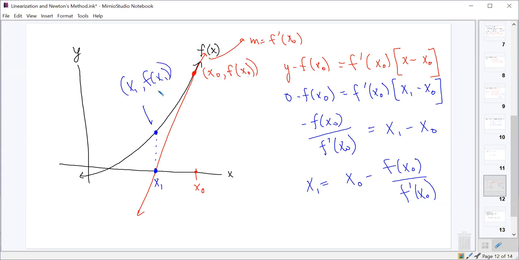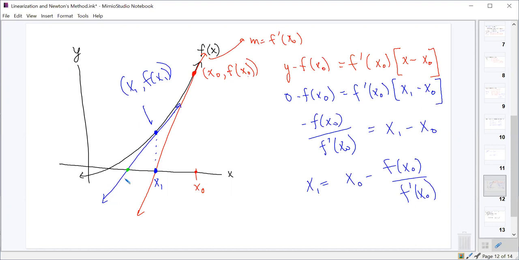And does our function have a tangent line at x1? It does. If only I could draw it. There it is, we'll pretend that's good. And does our tangent line at x1 have an x-intercept? Yes, and it's closer. Still kind of far away, but it's better, right?